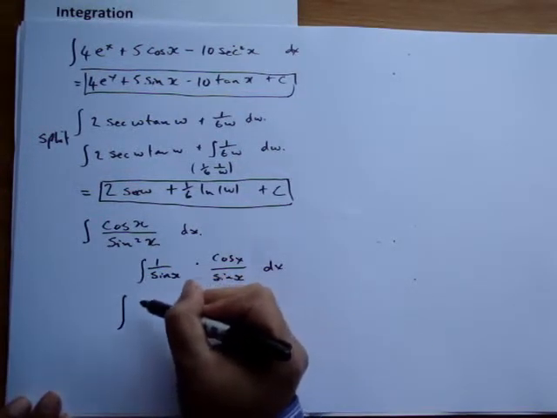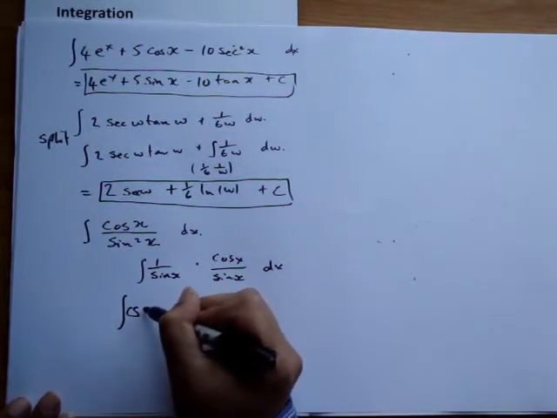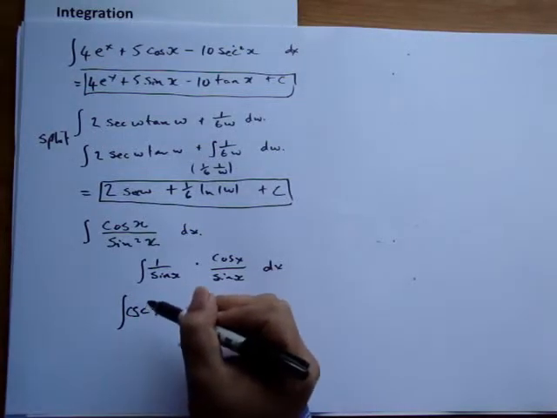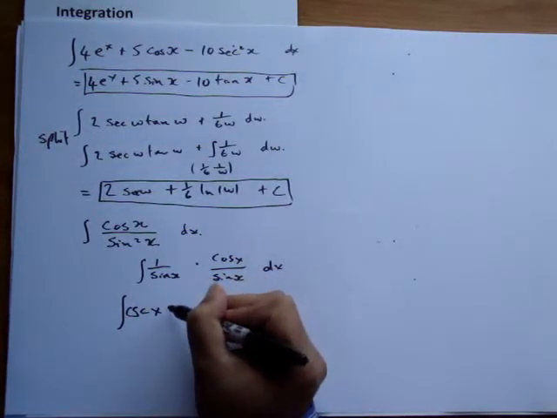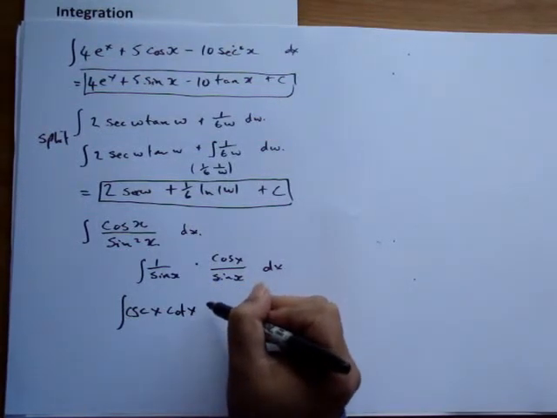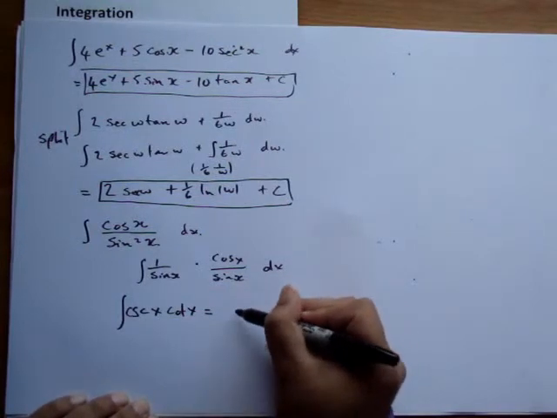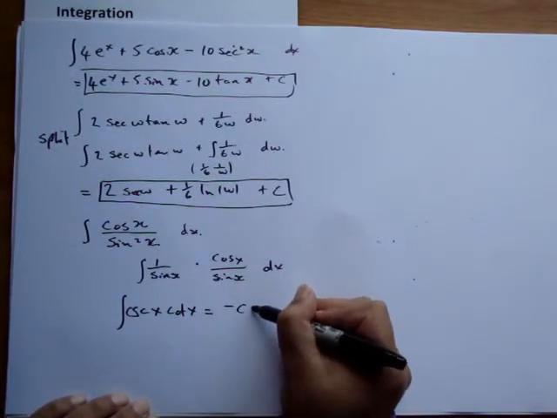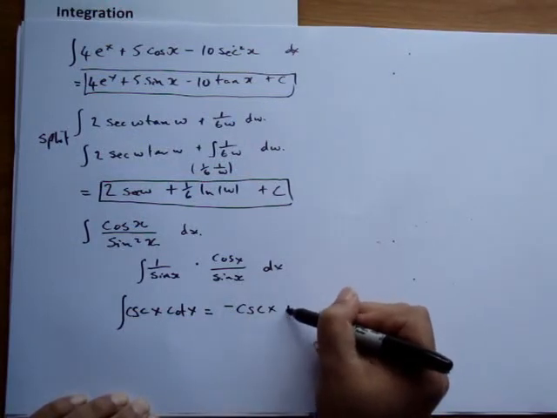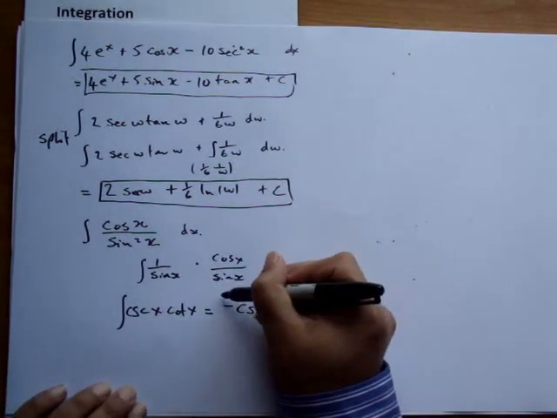One over sine x is cosec, that is cosec x cot x, and when we integrate that we get minus cosec x plus c, and that is our answer.